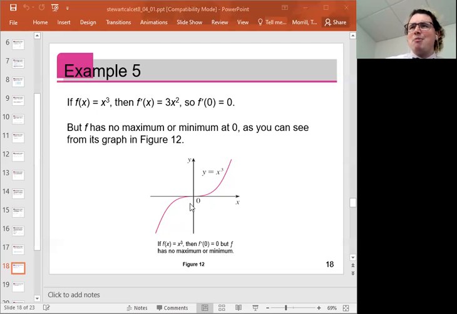And 0 is not a local minimum either. No matter how far I zoom in here, there'll be some negative number included to the left of 0. It will cube and still be negative, which means that 0 isn't the smallest value of this function there either. So 0 is not a local maximum of this function. 0 is not a local minimum of this function. The derivative here being 0 was a sort of a false positive.